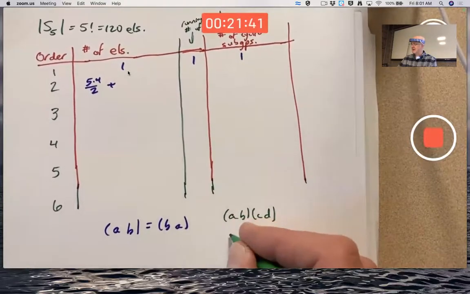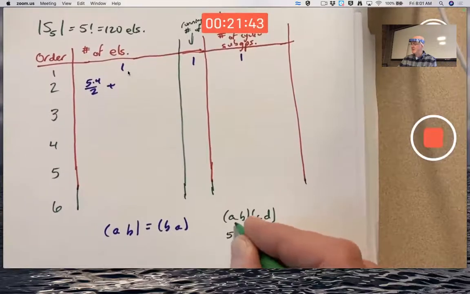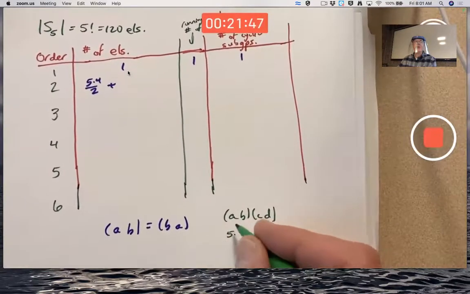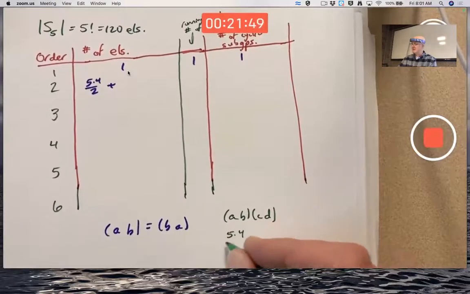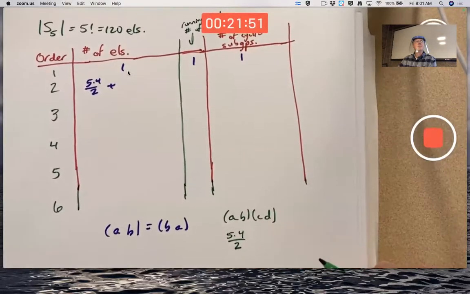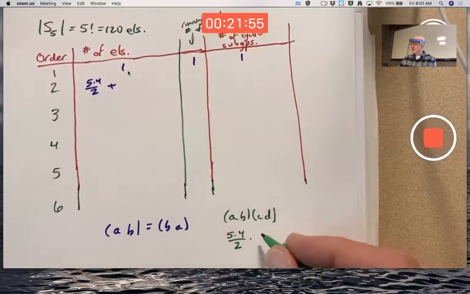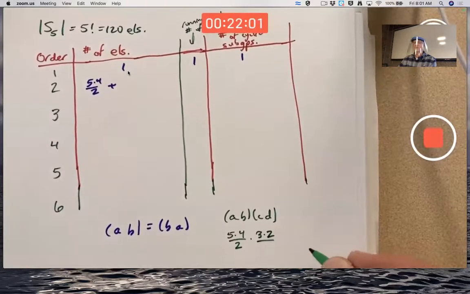For the first one, you've got 5 choices for the first one, and then 4 for the next, but you can write that in either way, either AB or BA. So you've got to divide that by 2. For the second one, because these are disjoint, you've got 3 choices left for C and 2 choices left for D. But again, that can be written in either way. So divide that by 2.